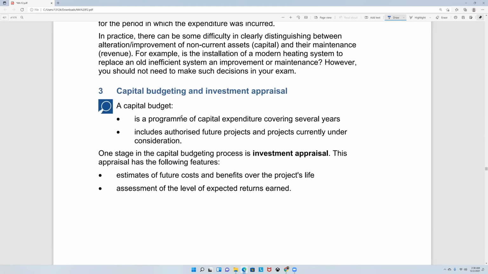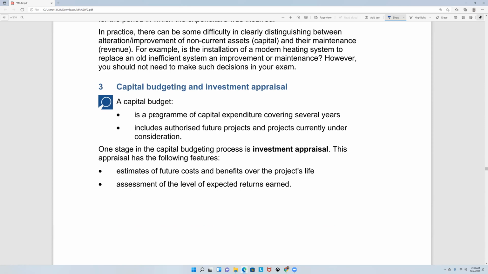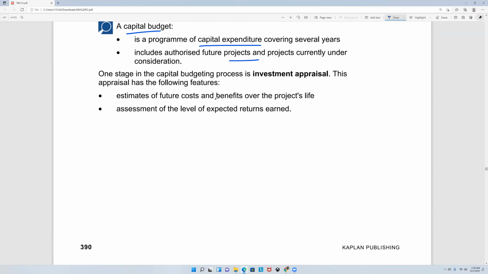Now moving forward, capital budgeting and investment appraisal. A capital budget is a program of capital expenditure covering several years, and includes authorized future projects. In short, you need an investment appraisal method to decide whether you want to go ahead with a particular capital investment or not.